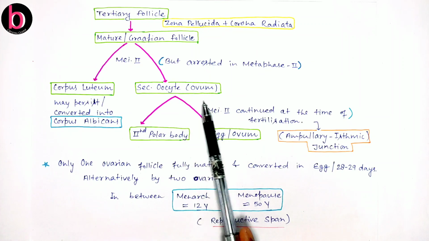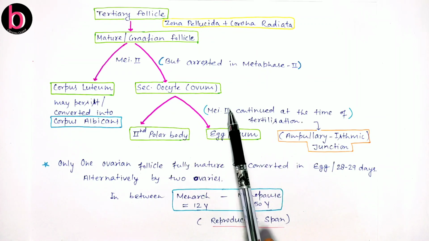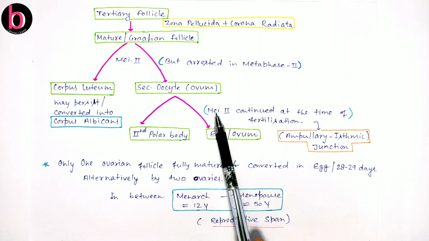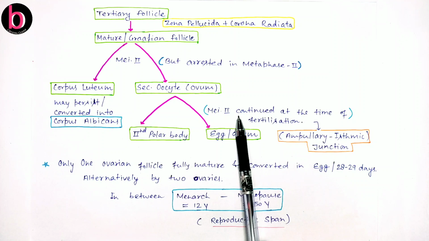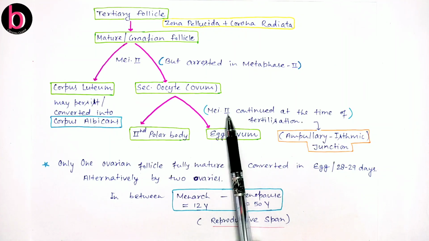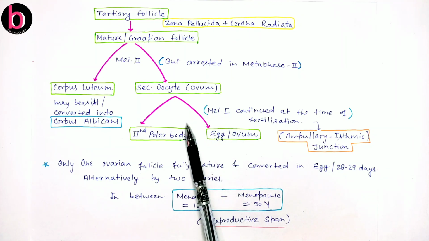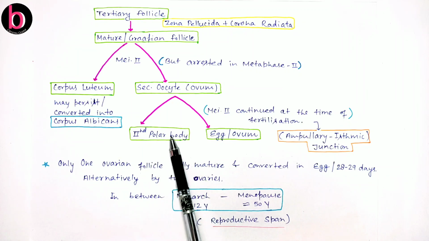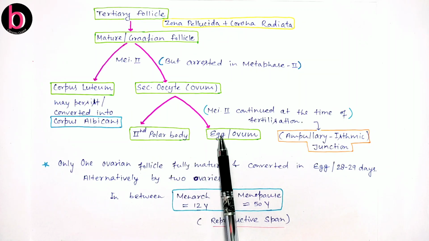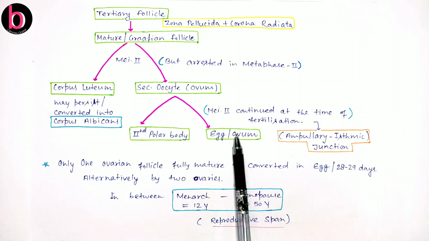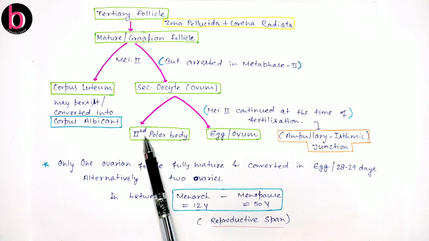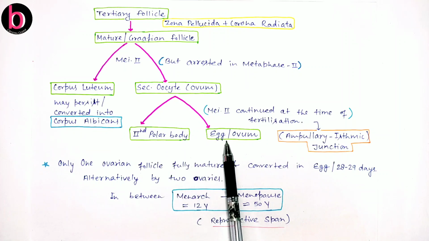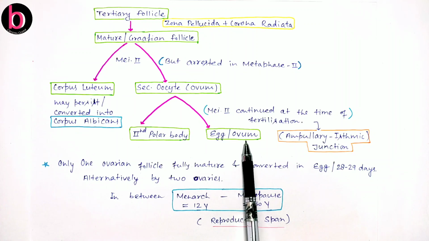If there is fertilization, that is fusion between male and female gametes, then this secondary oocyte completes its second meiosis, and again this is unequal like the previous meiosis. So there will be formation of one haploid egg cell and another haploid, very small second polar body.